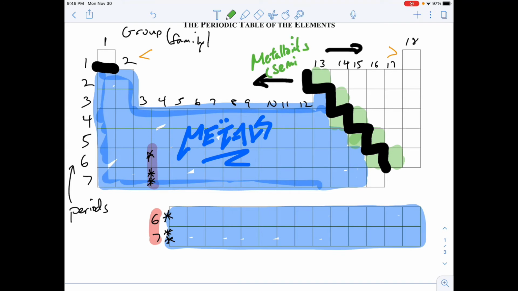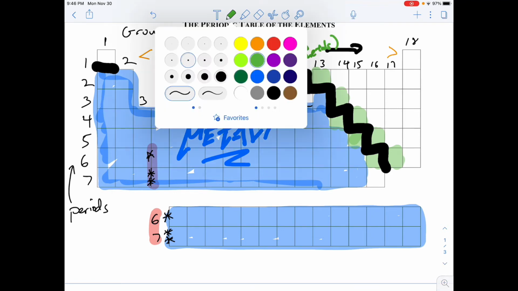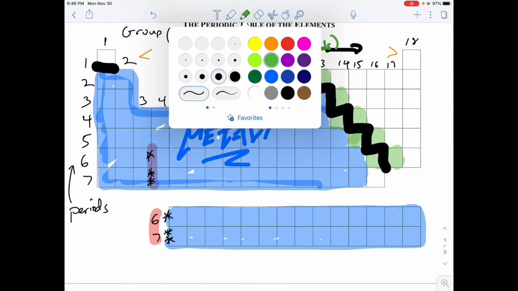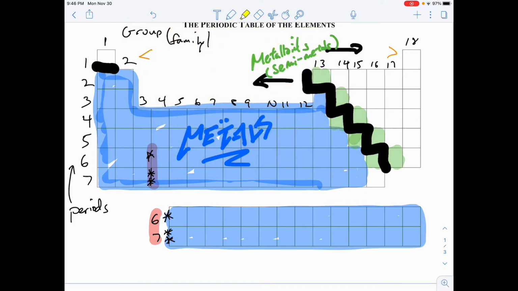Or sometimes they're called semimetals. And then this last piece here, these are what we call our nonmetals, because they're not like metals.